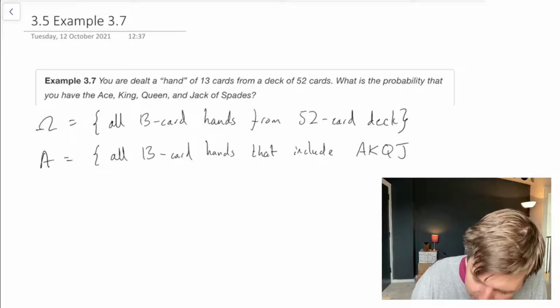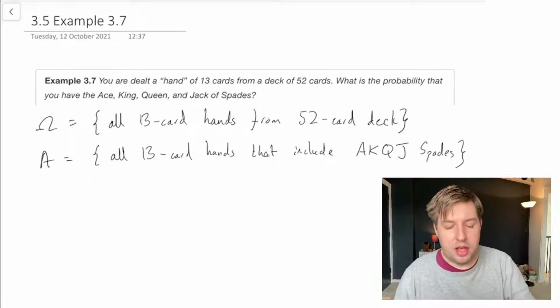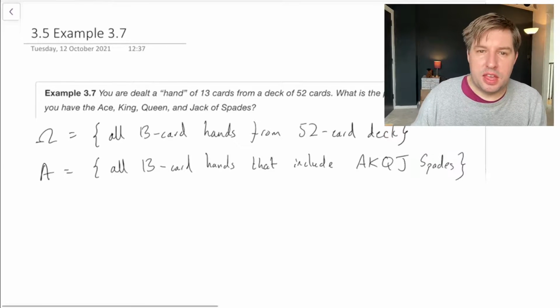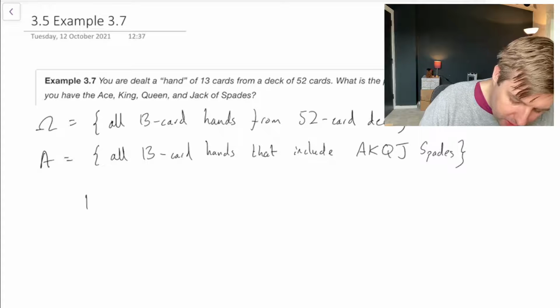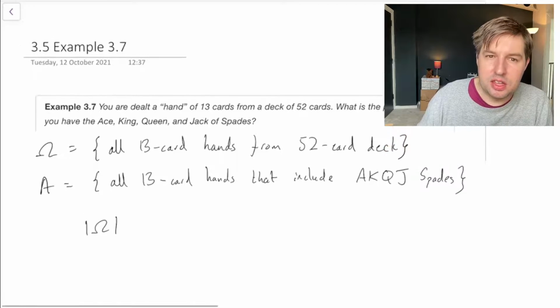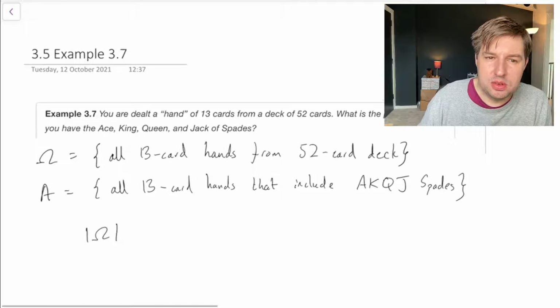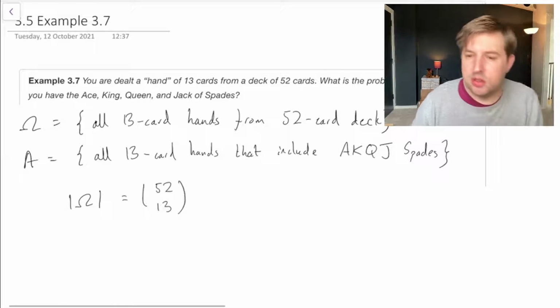As always, we need to say how many elements are in each of these sets. By what we've just said about the binomial coefficient, choosing 13 cards from 52 is 52 choose 13.